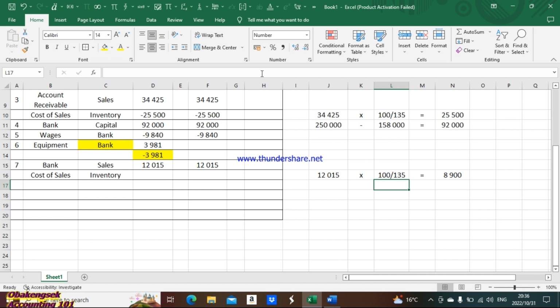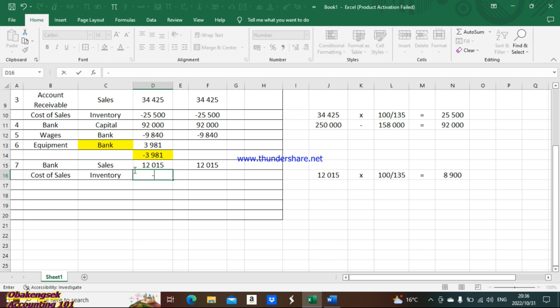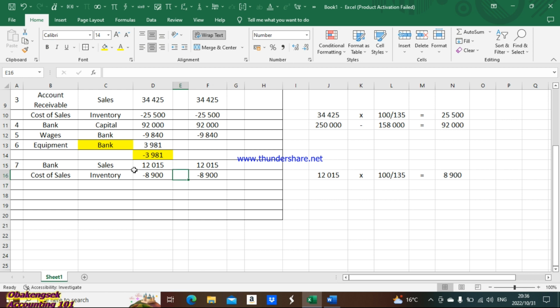Let me put it as general. This gives you 8,900. So our cost of sales is 8,900. So here we're going to have a negative 8,900. And then in our equity, we have a negative 8,900 because stock went out. Here money came in, here stock went out.